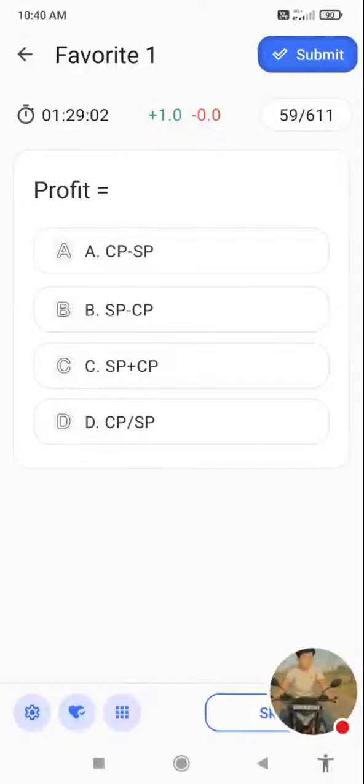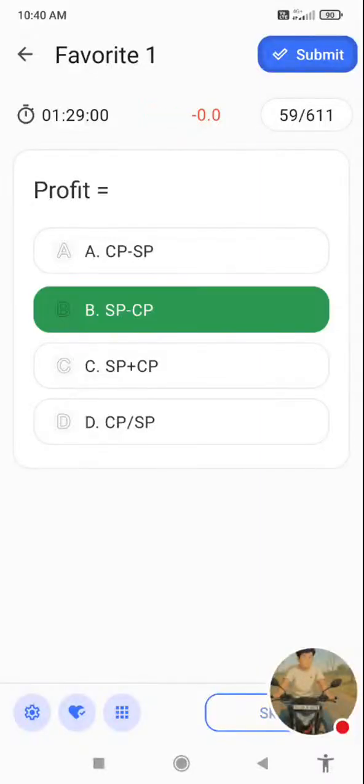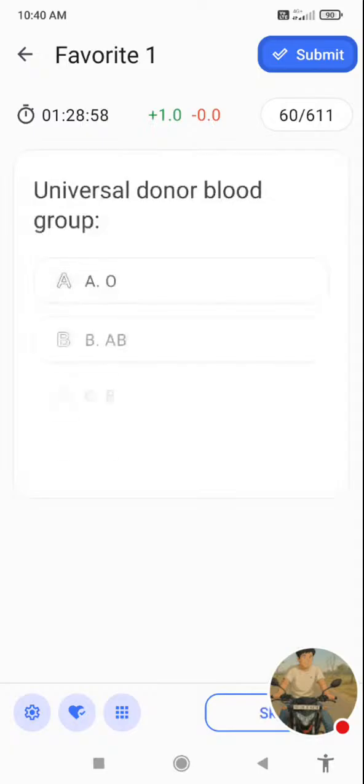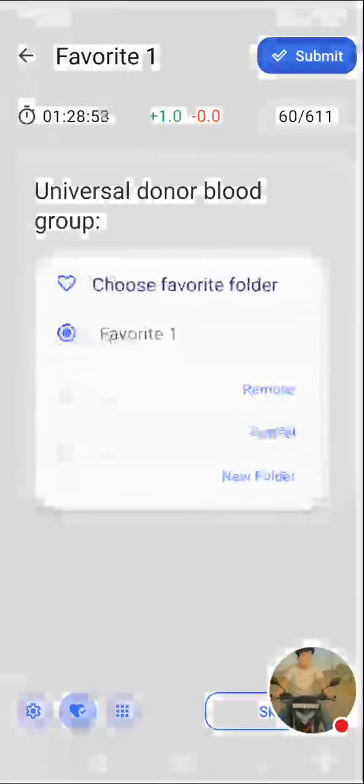Profit is equal to sell price minus cost price. Universal donor blood group is O. Option A.